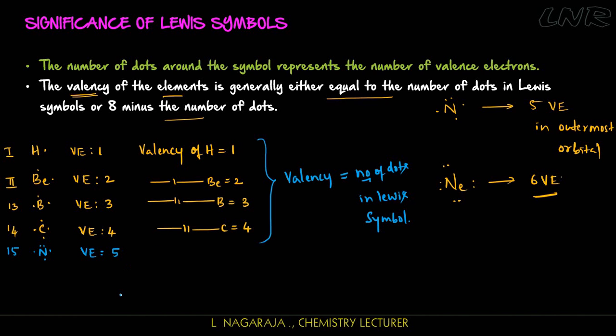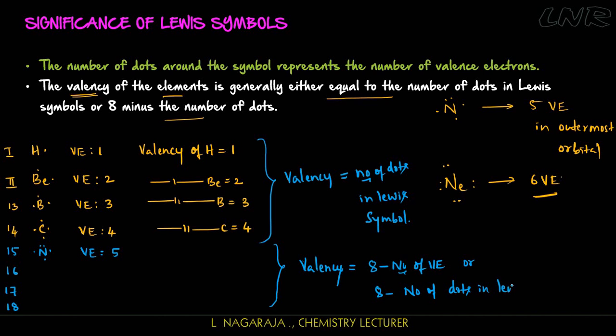Right? So for elements greater than the 14th group, that is the 15th, 16th, 17th and 18th group elements, including noble gases, the valency of these elements is always equal to 8 minus the number of valence electrons, or it is also represented as 8 minus the number of dots in the Lewis symbol.